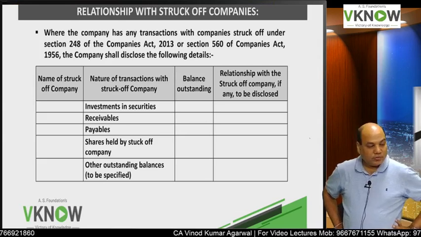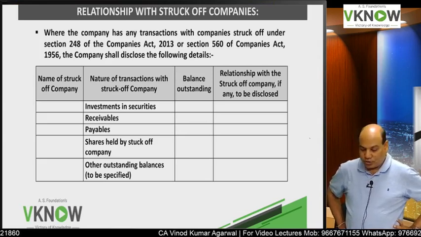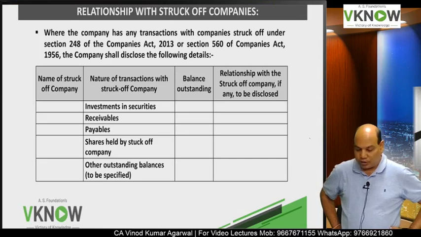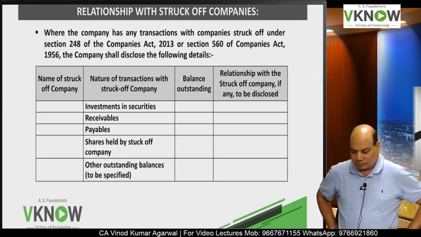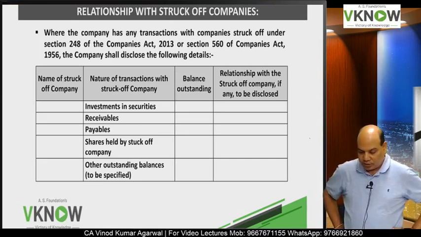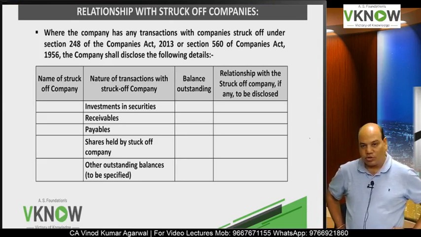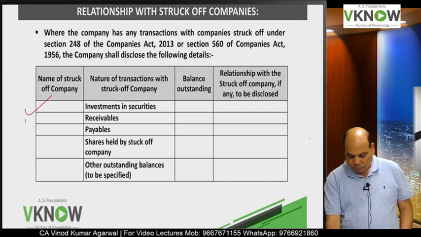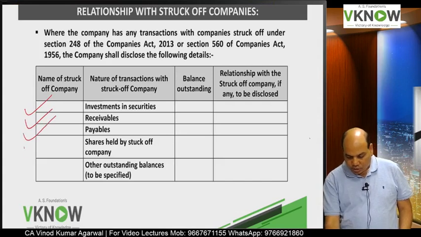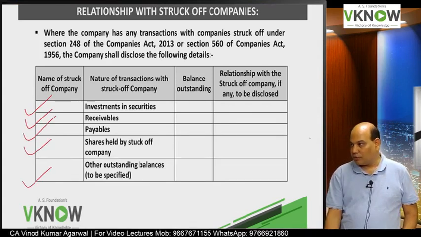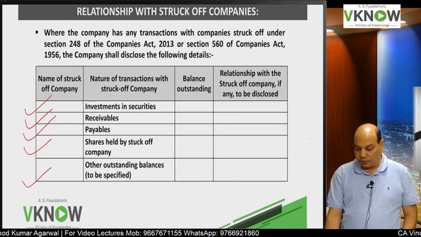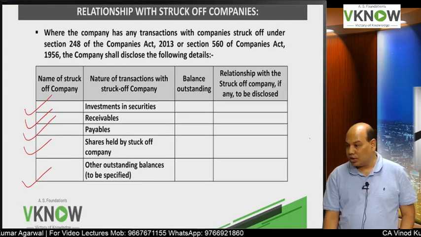So this is again one important disclosure requirement, where the company has any transaction with a company struck off under section 248 of the Companies Act or section 560 of the Companies Act 1956, it will disclose the following. So first you have to disclose the name of those companies which have been struck off from the list of companies registered in India, and what kind of transactions are outstanding with them.